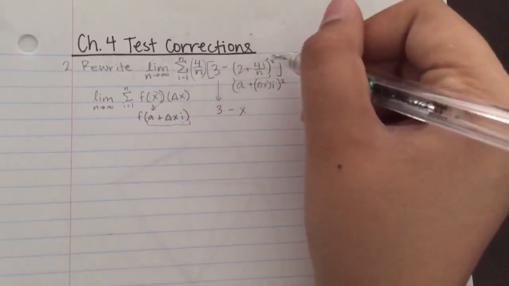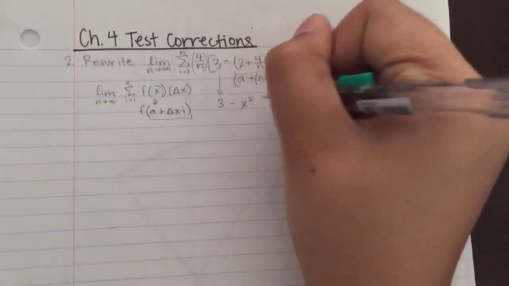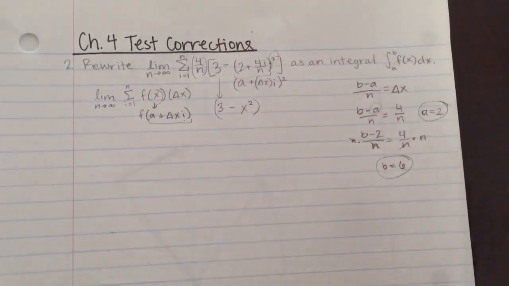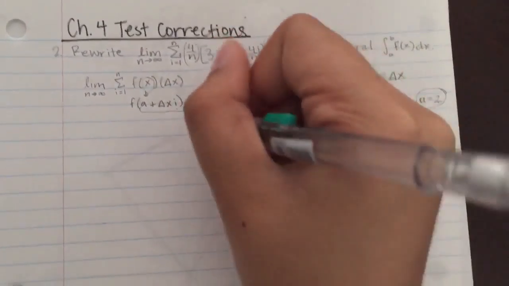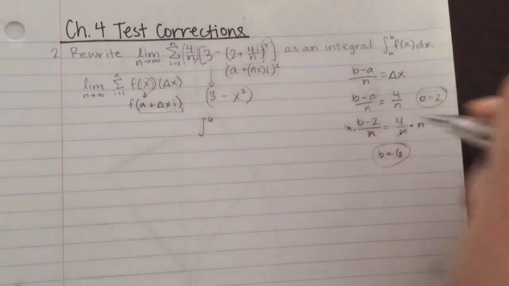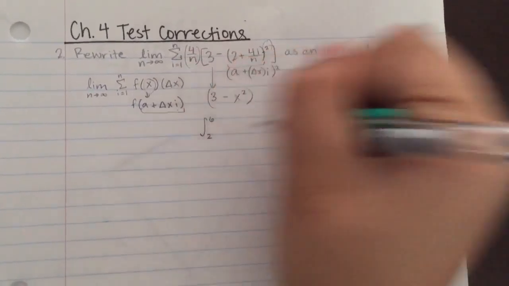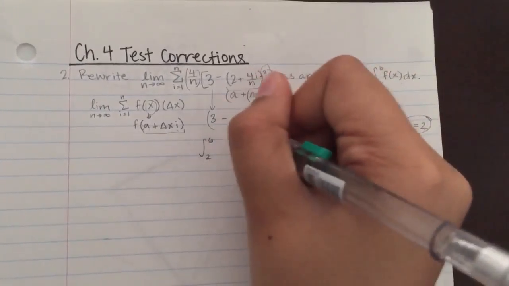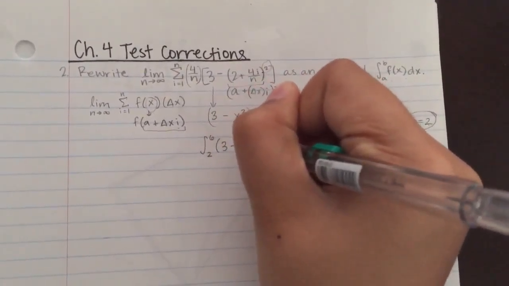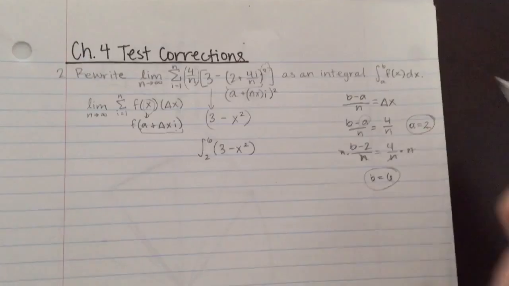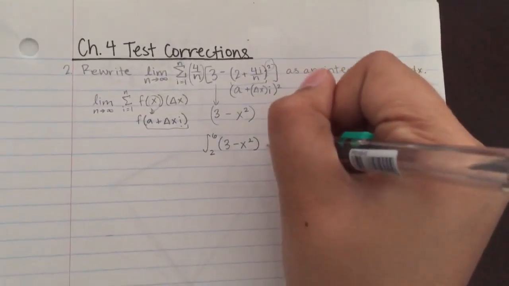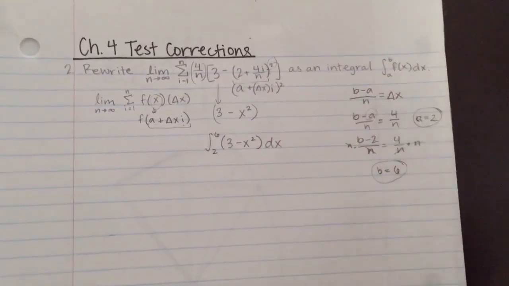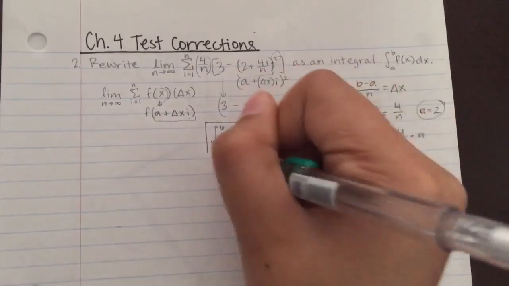So x, and since there's a squared here, x squared is going to be the main equation that we use. So when we rewrite it, the integral that we use is from 2 to 6, and then the f of x we have here is 3 minus x squared, and then we just bring back the dx since it's an integral. And then that's your answer.